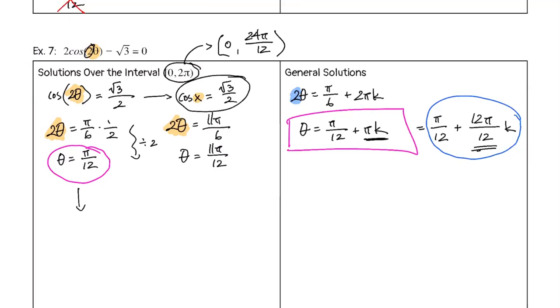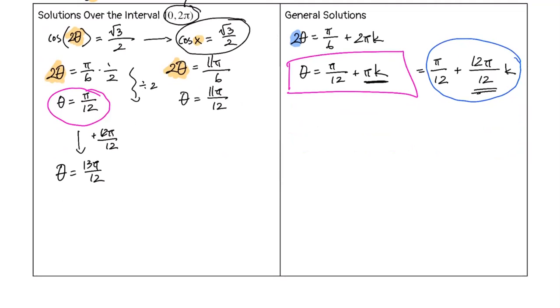Okay, so we want to stop when our numerator gets close to 24, but we don't want to go over or we're going to lose. Okay, so we're going to add 12 pi over 12. We'll get theta equals 13 pi over 12.